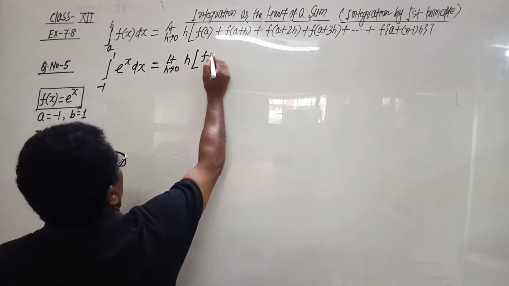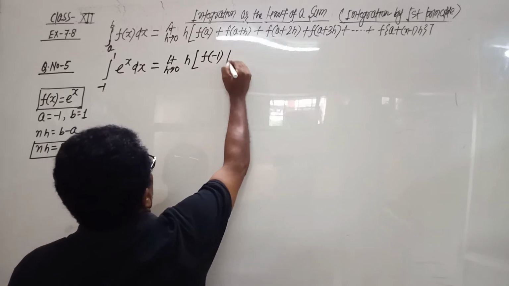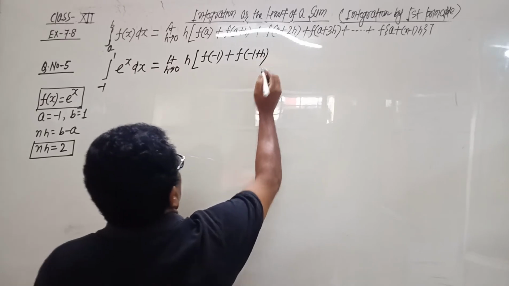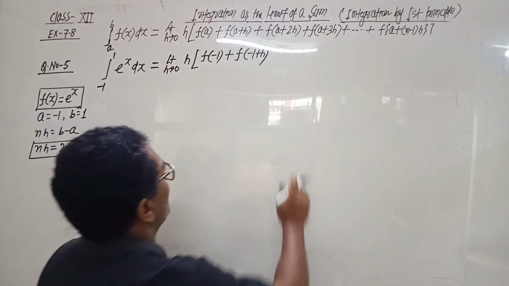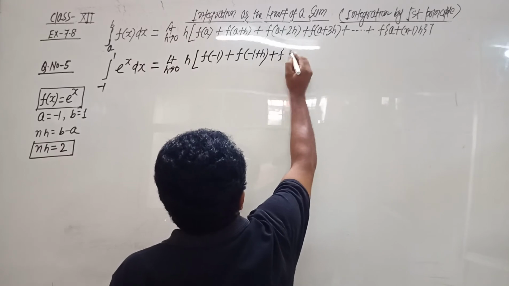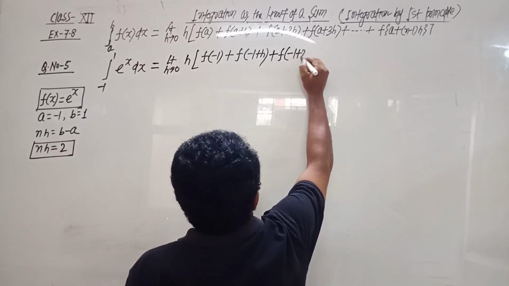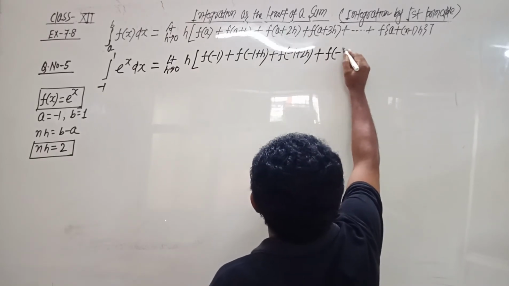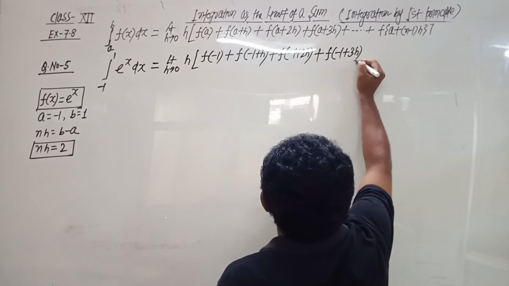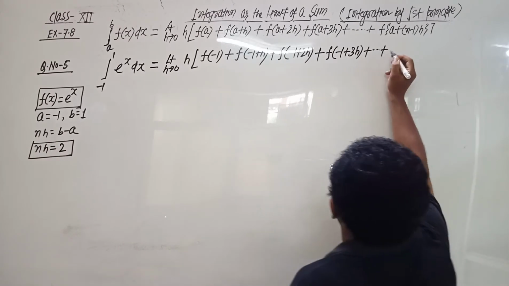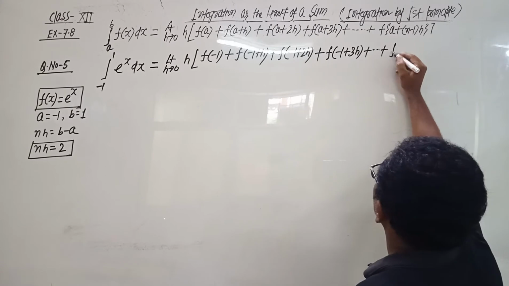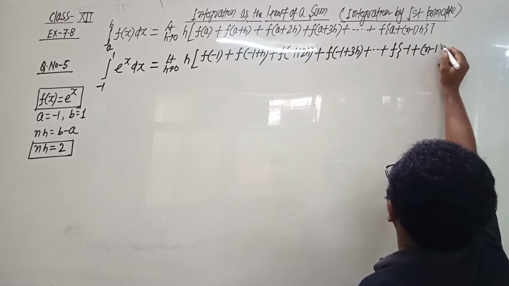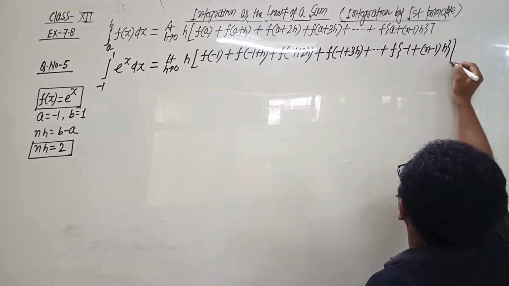So f of a means f of minus 1, plus f of minus 1 plus h, plus f of minus 1 plus 2h, plus f of minus 1 plus 3h, and so on, up to f of minus 1 plus (n minus 1) into h.